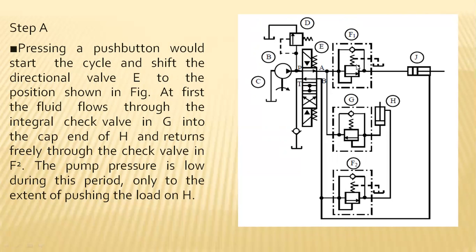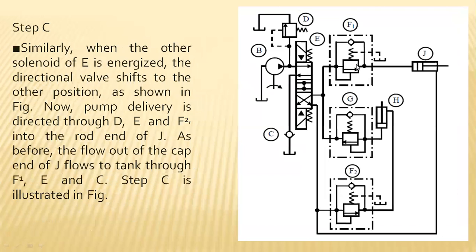So in the return stroke, it is reverse. Initially the J returns back, and later the fluid enters into the H, because free flow of movement has taken place in the forward direction directly towards the H piston and cylinder arrangement, which causes the free extension.